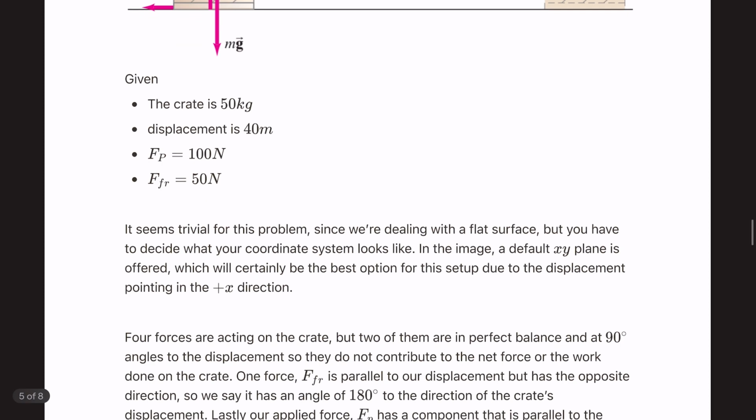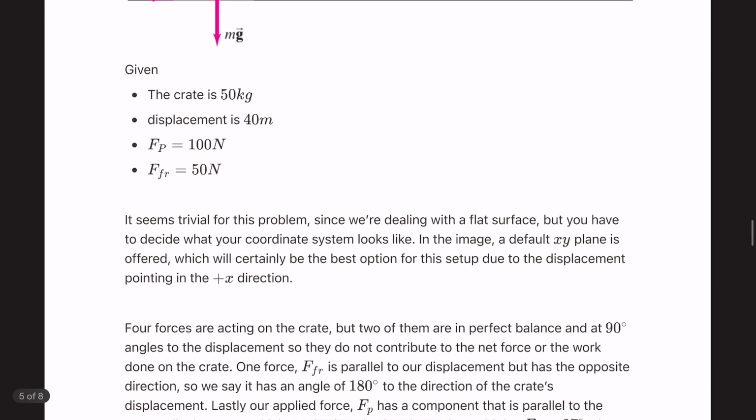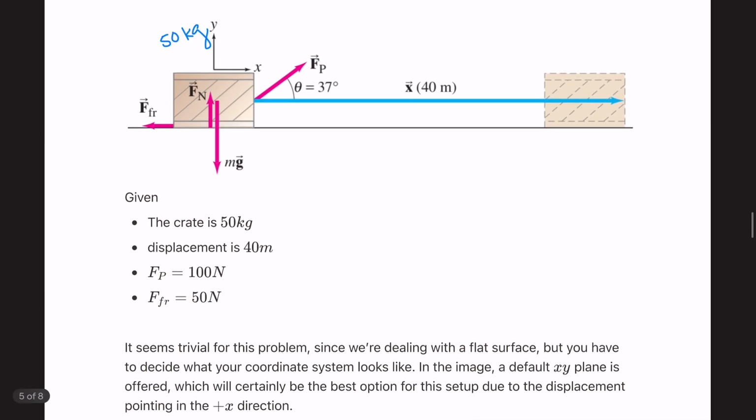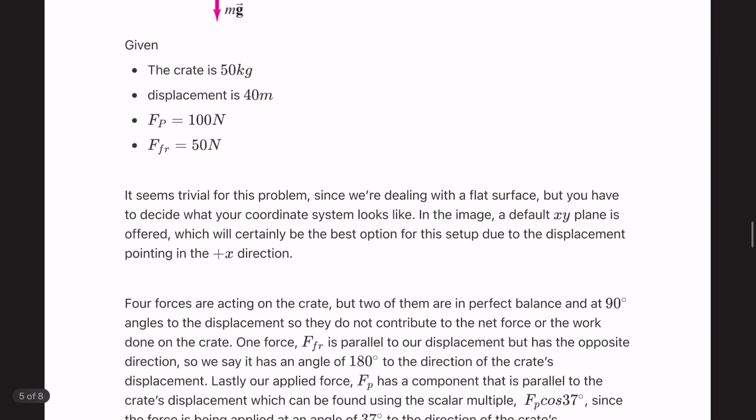Now, 4 forces are acting on this crate, but 2 of them are in perfect balance at 90-degree angles to the displacement. That's the normal force and the force due to gravity, which you see here. So they do not contribute to the net force or the work done on the crate. One force, friction, is parallel to our displacement, but has the opposite direction.